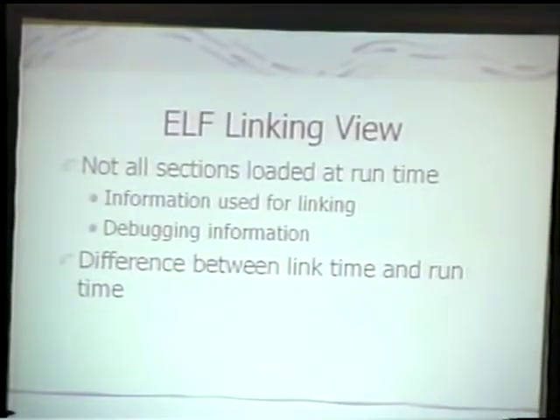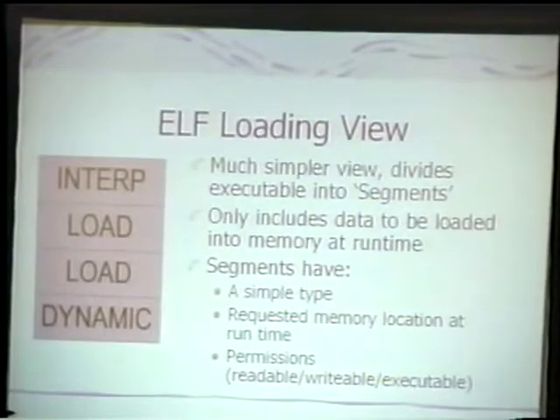And as I said earlier, not all of the sections which are described in the linking view need to exist at runtime. For example, some of them are debugging information. Other bits are meant to be used by the linker when it's creating an executable. And that's the difference between the link time and the runtime view of the executable. The loading view, which is the runtime view, is much simpler, and it divides the executable up into segments.